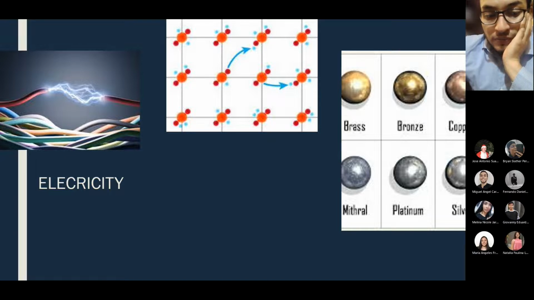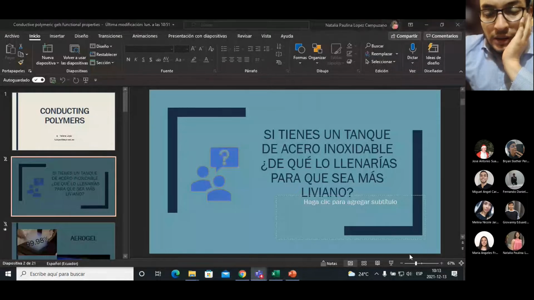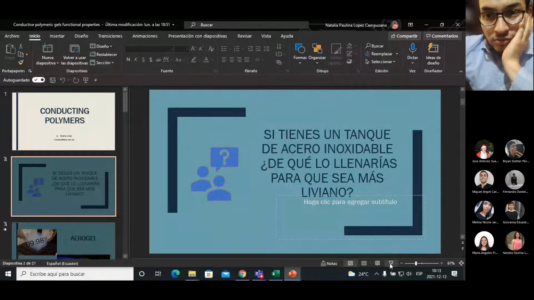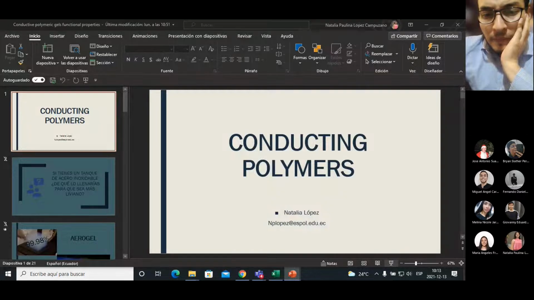Can you see it? I'm sharing my screen. Yeah, now I can see your screen too. Yes, it's a bit of a mix here.